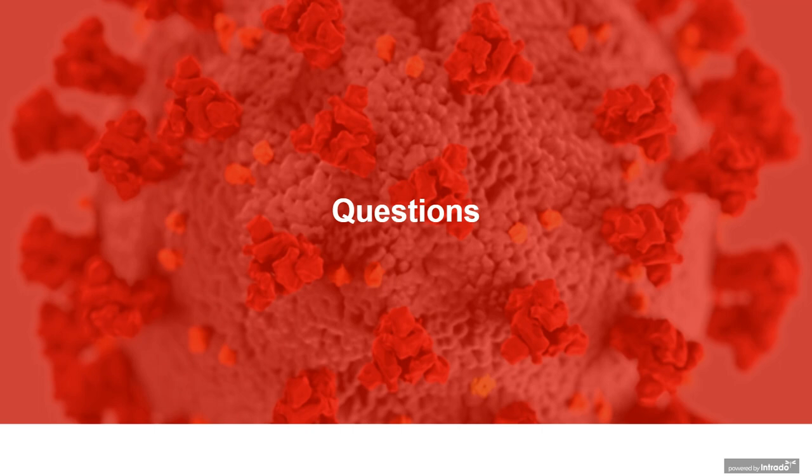Again, if you're unsure if a medication causes immunosuppression, you want to call your consultant pharmacist and ask those questions. You can also call the pharmacy and ask those questions.